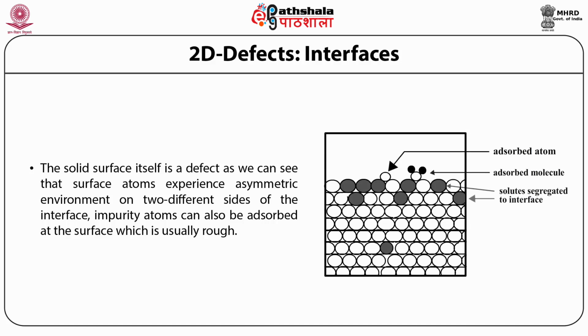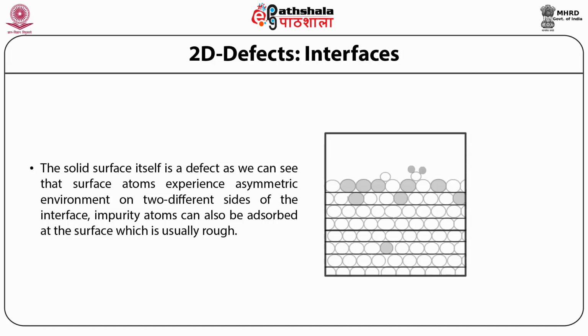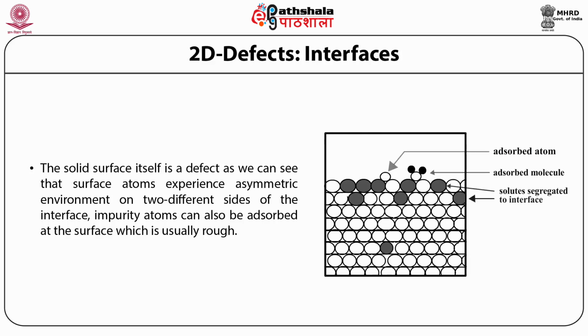So the idea is that when you see some atom which is buried deep inside a crystal, it has a symmetric environment. I mean, on all sides it is bonded with atoms and it is not exposed to the environment. But when you come to the surface of a substance, the environment is not symmetric for the atoms which are sitting on the top.